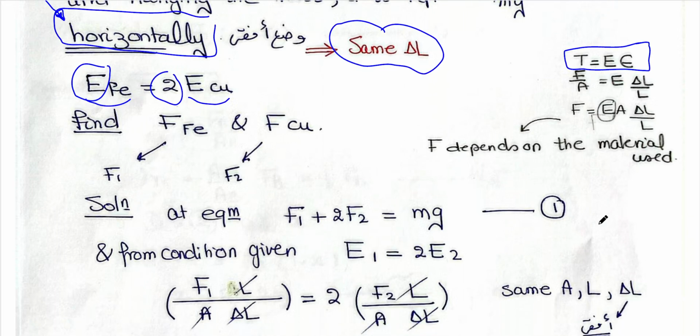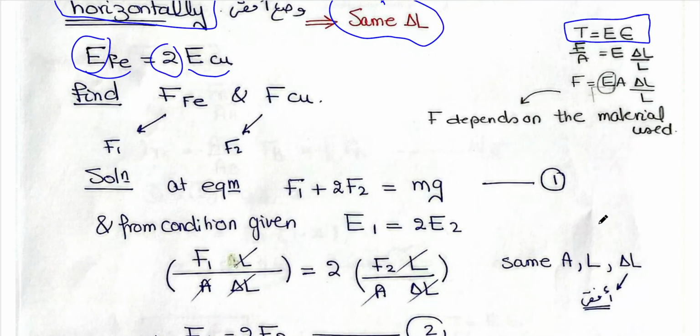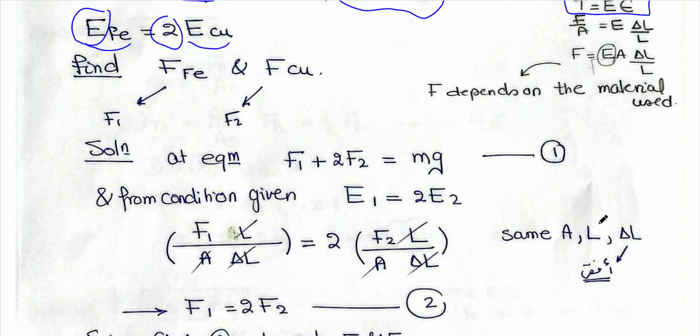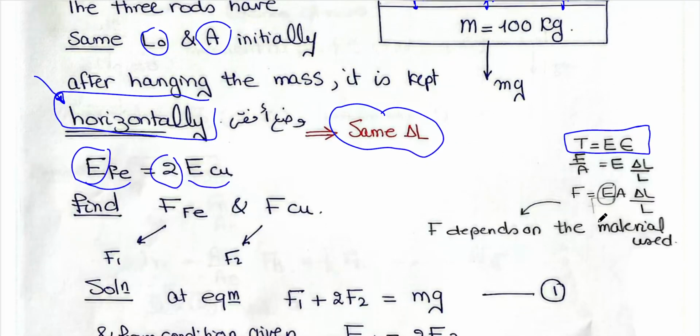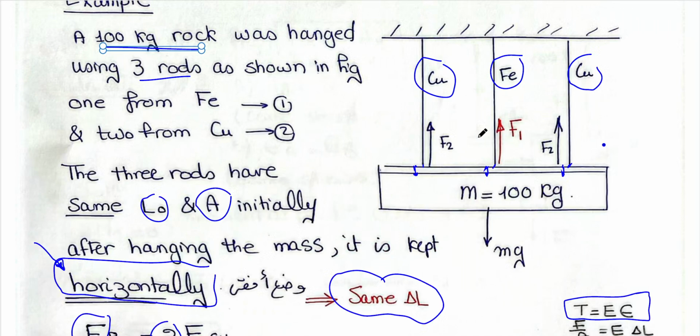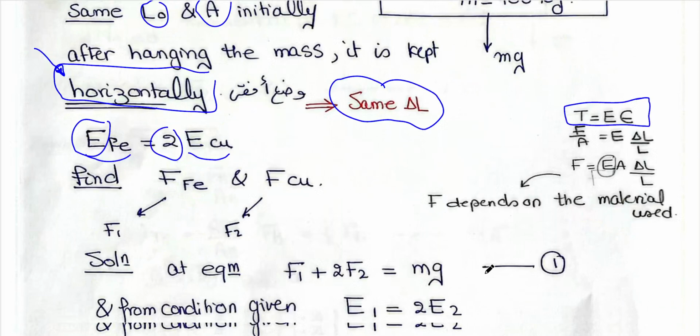Okay, let's start solving. We can use the equation of equilibrium. At equilibrium, sigma forces in the y direction equal 0. You can add the forces in the positive y, which is equal to the forces in the negative y direction.